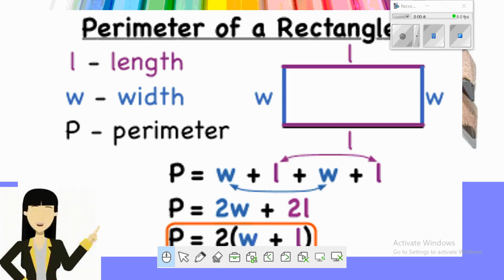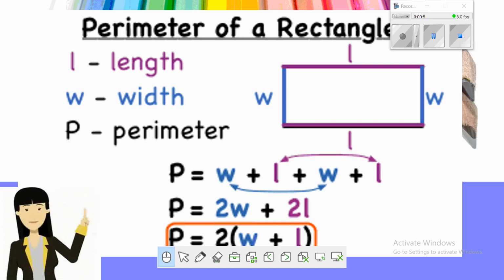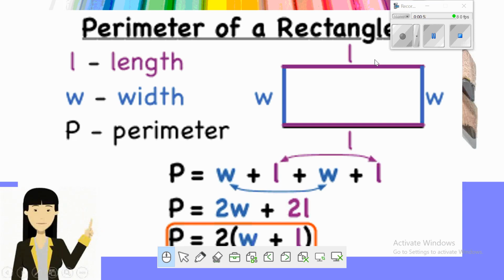As you remember, the perimeter of a polygon, not a circle, because a circle has a curved face. For a polygon, all of them are straight edges. So for the perimeter, I have to count the total of the sides.